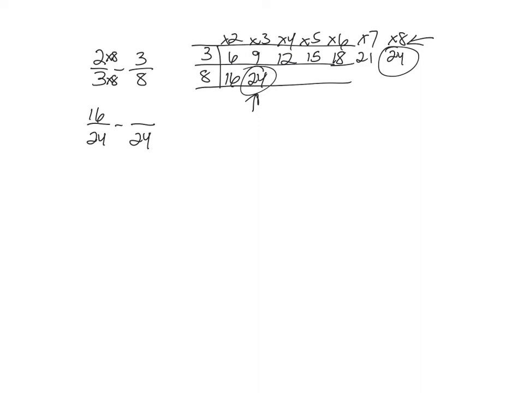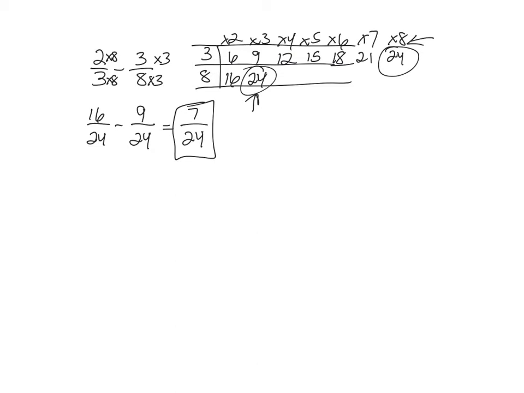It's right here, times 3. So I get 3 times 3 is 9, and 8 times 3, I already did it again, is 24. And then I can just subtract. Okay, so that, in my opinion, is the best way to do the problem.